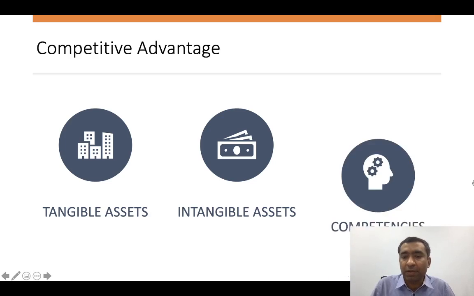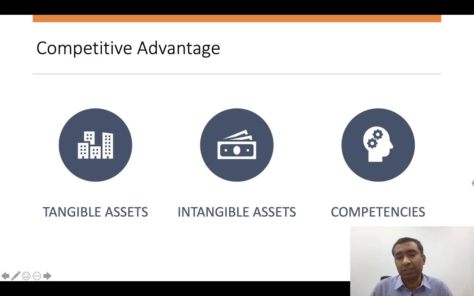And finally, your competency. This is very important. What are competencies? Competencies are the skills, the intellectual people or intellectual capabilities, or capacities which are beyond imitation. Other companies cannot replicate them, or you have a specific type of capacity or capability, or knowledge development. All these can be considered competencies.